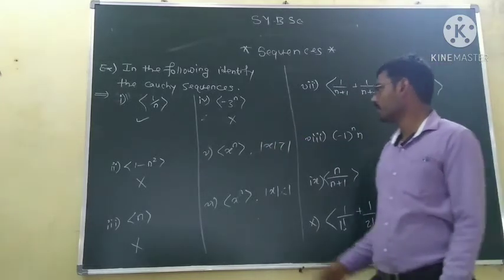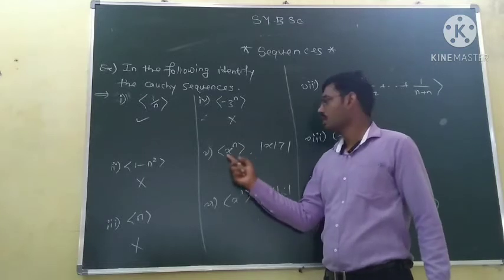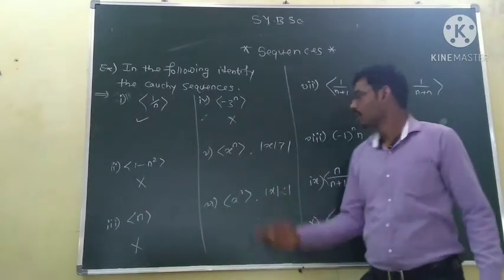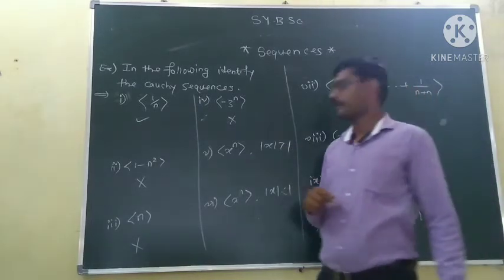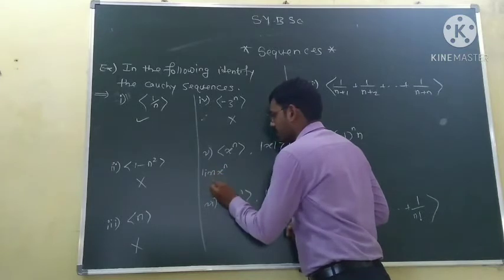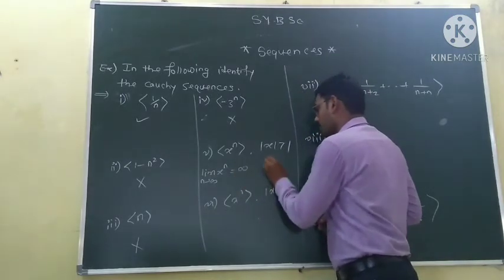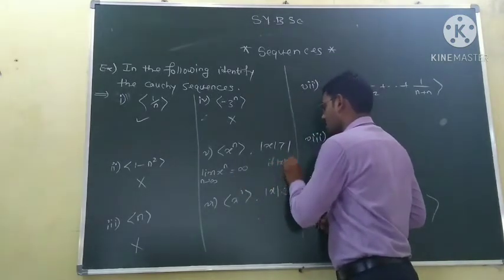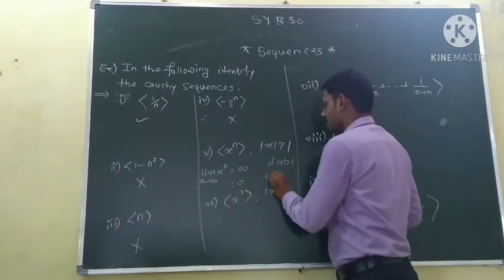Now the sequence x raised to power n, where mod of x is greater than 1. We have seen the formula: the limit of x raised to power n as n tends to infinity is equal to infinity if mod x is greater than 1, and it is equal to 0 if mod x is less than 1.